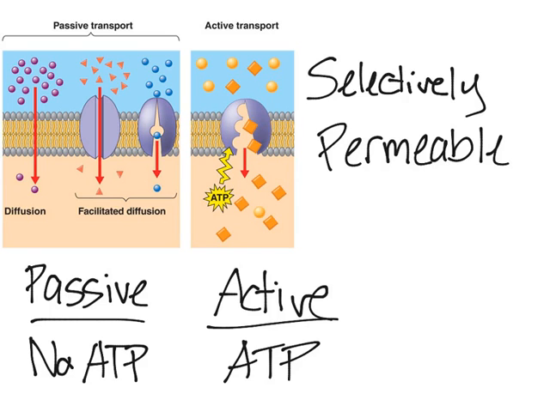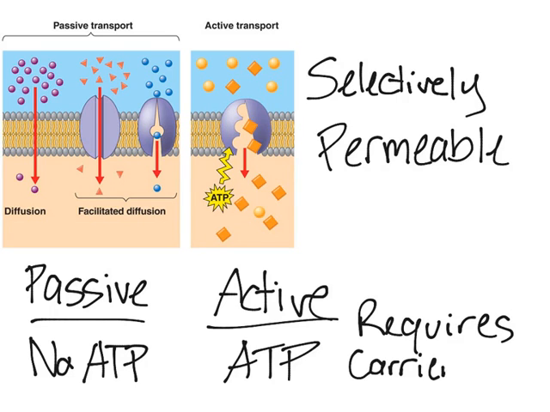And if you ever are asked the question, is this passive or active, you have to consider, is ATP directly being used? That would make it active. Otherwise, it's considered passive. And active transport also requires a carrier protein. And you can imagine the carrier protein essentially as the shuttle that transports this stuff.